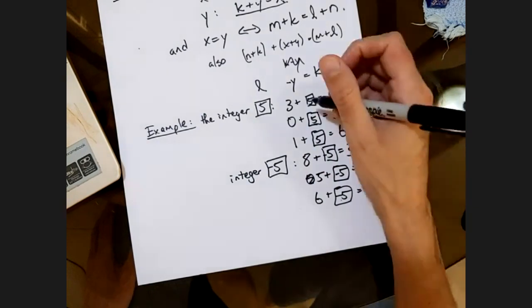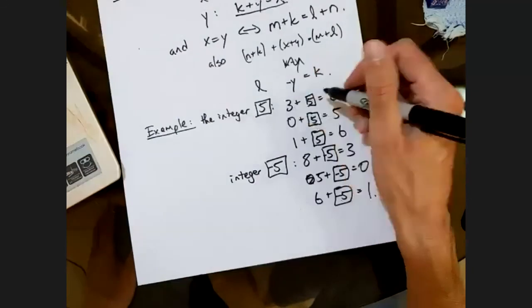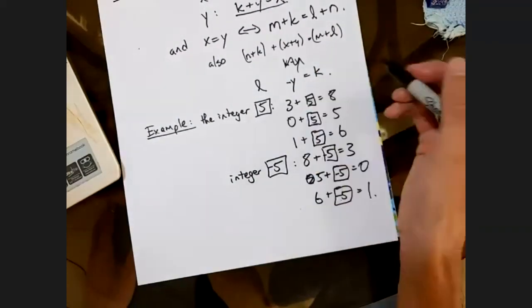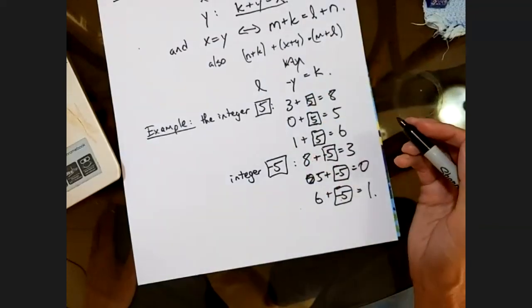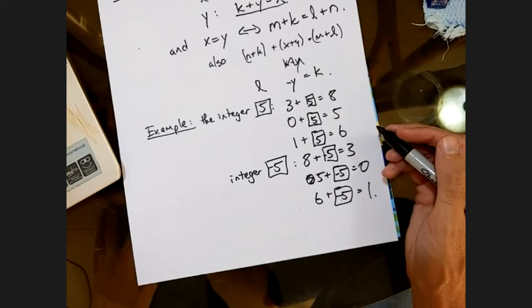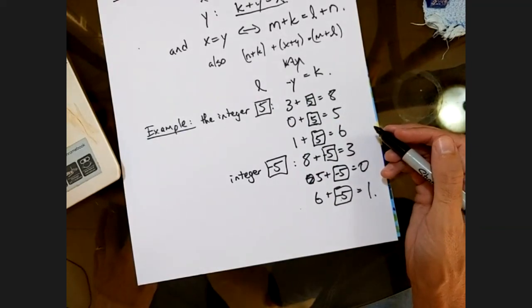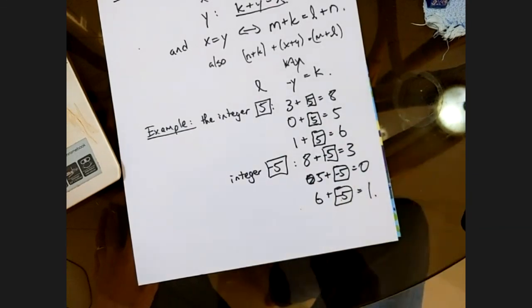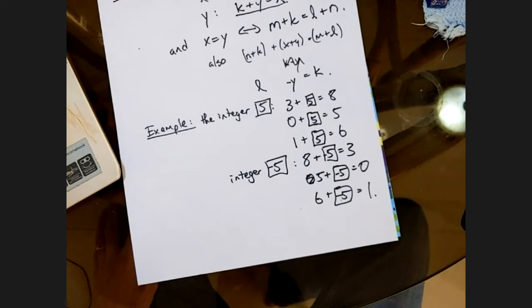So an integer describes the difference between any two natural numbers. There are many different ways to describe the same integer, so we need an equivalence relation.